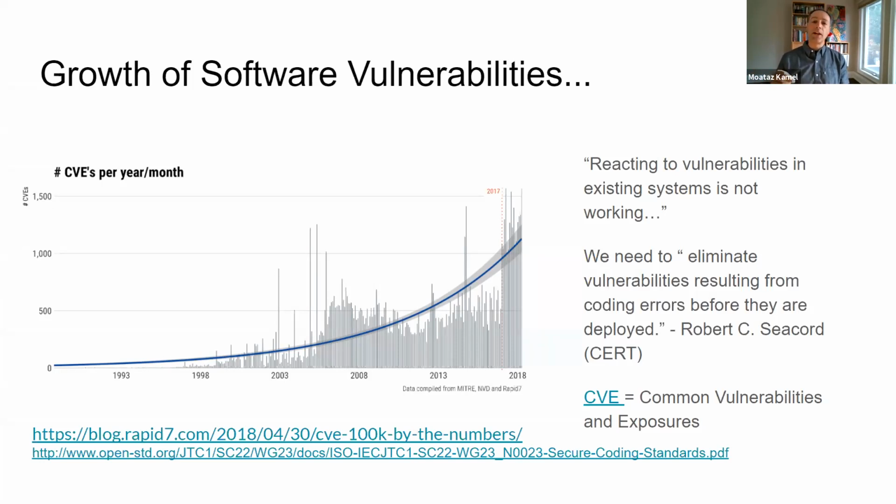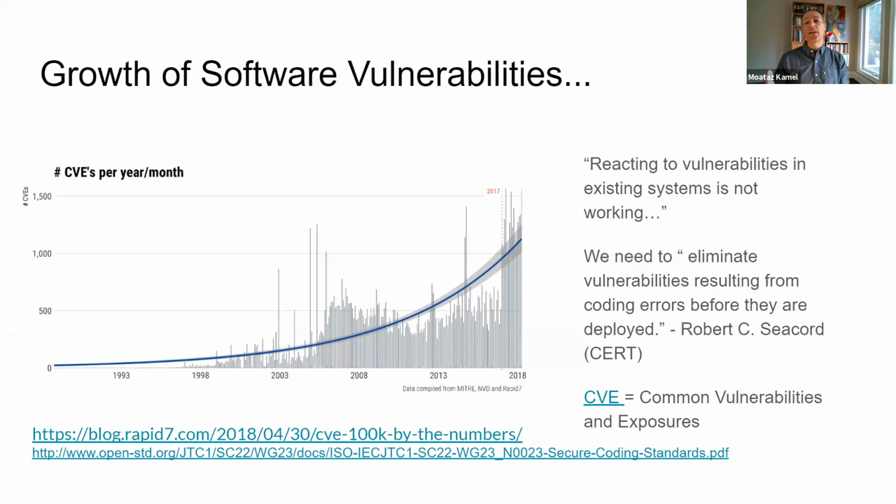So it's much better to secure the code before it gets deployed to production than to discover the vulnerability when the code's already in production and having to go and rush and patch that code, which is vulnerable in production. So that's driven a big need for secure coding standards, for secure coding training, etc.